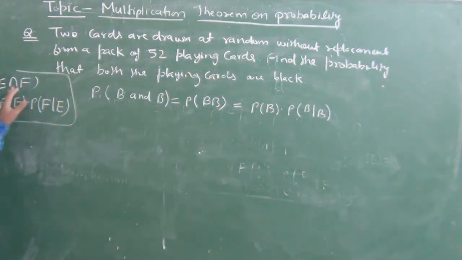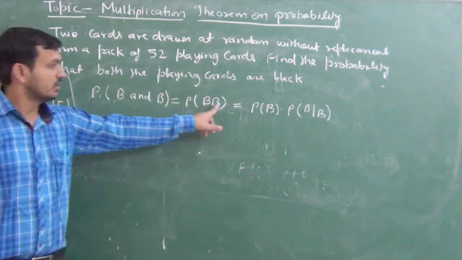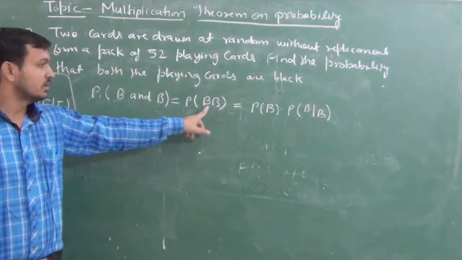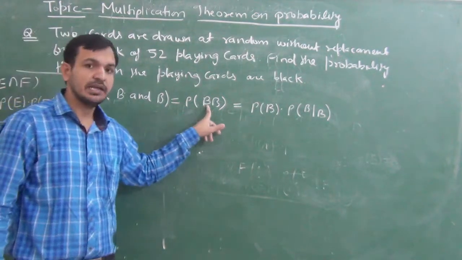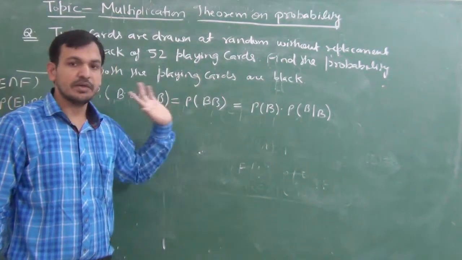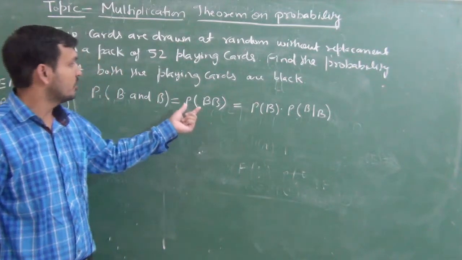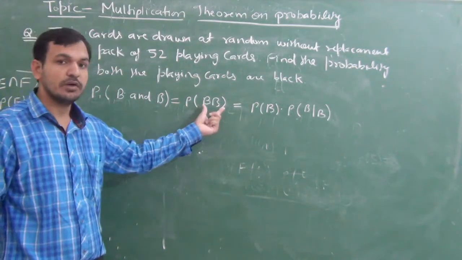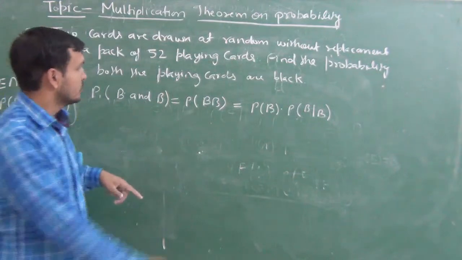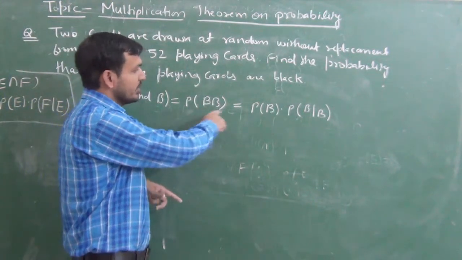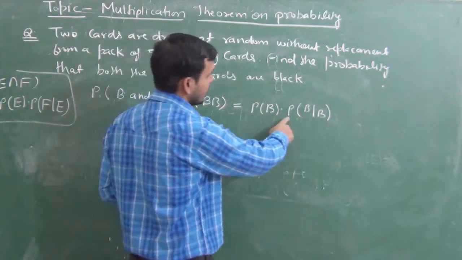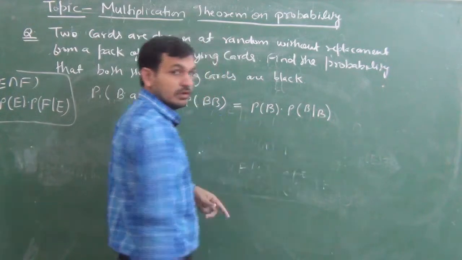So using this result, here both the events are the same. In the first event we have black, and the second event also we have black. So probability of black and black can be written as probability of black into probability of black when black has occurred.